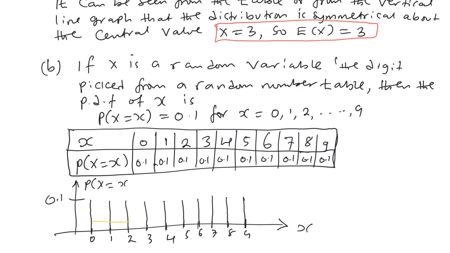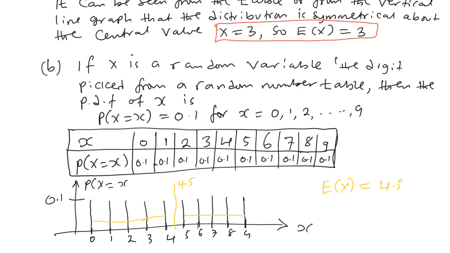If we cross off 4 values on this side and 4 on the other side, then the mean is a value here which is 4.5. So it is a symmetric distribution, and it is symmetric about 4.5.